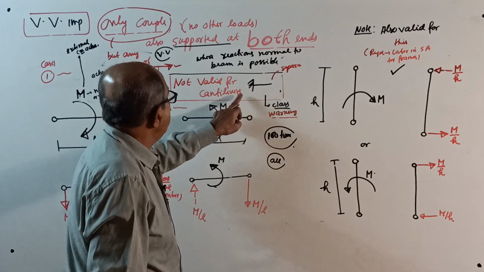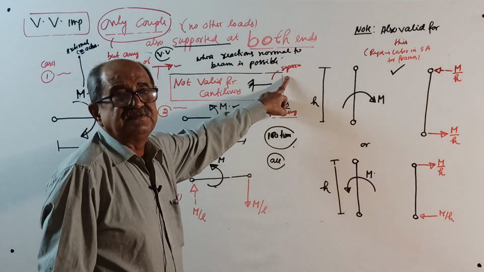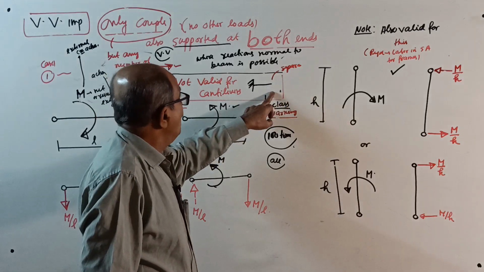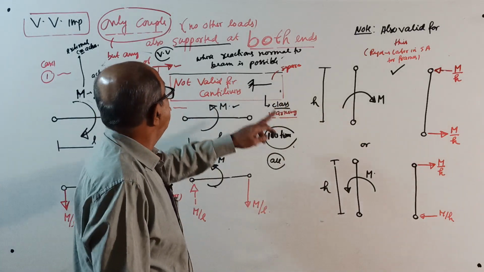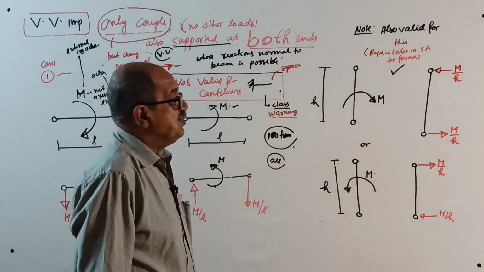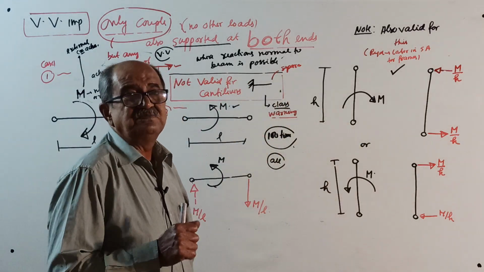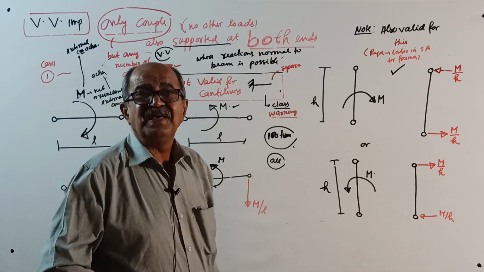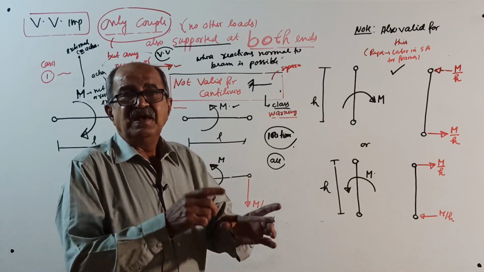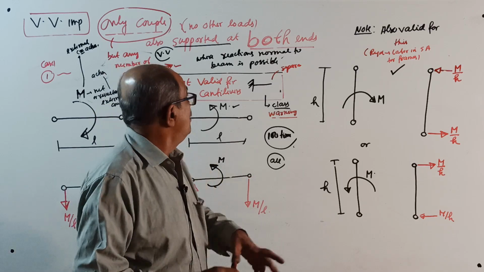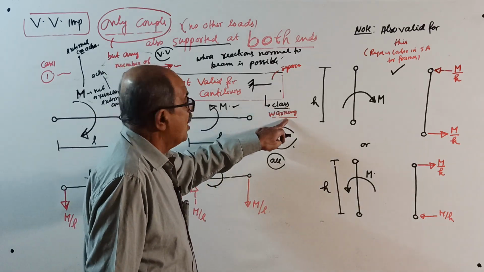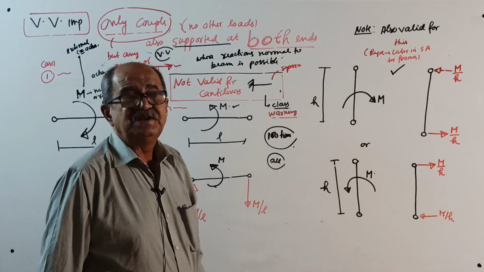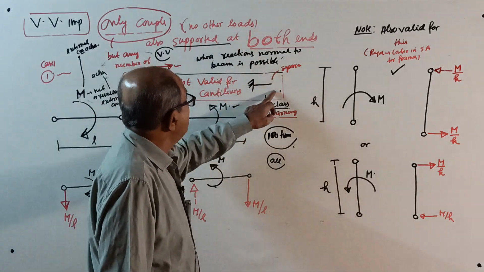Not valid for cantilever. For this a separate note is there, because if you apply this trick for a cantilever, one support is there. Where is the other support? See, two reactions are there. We are discussing reactions at both supports. So for a cantilever, class, warning: never foolishly apply this principle to a cantilever.